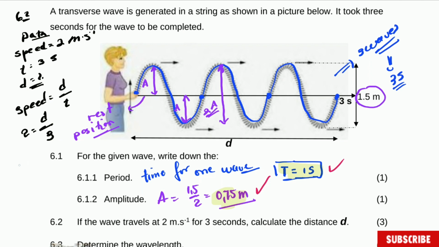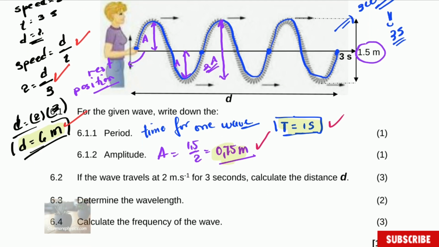And when you rearrange, you get the distance is equal to 2 times 3, then the distance is equal to 6 meters. That is the answer here. And if you do this, you will get 1 mark for the formula, 1 mark for the substitution, 1 mark for the final answer. This is a very easy question.